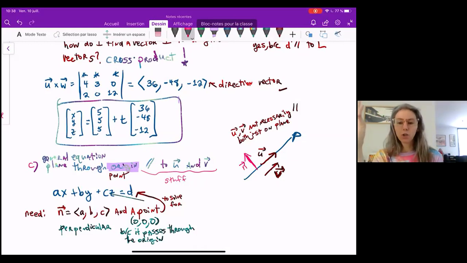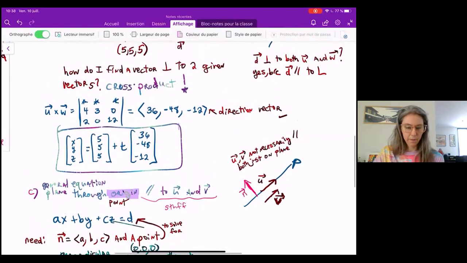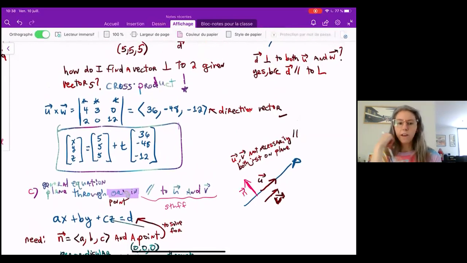How do I find a vector perpendicular to two given vectors? The answer is right in front of you. You got it, Andrea. The cross product.